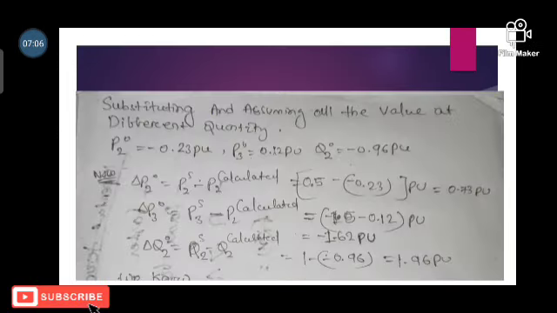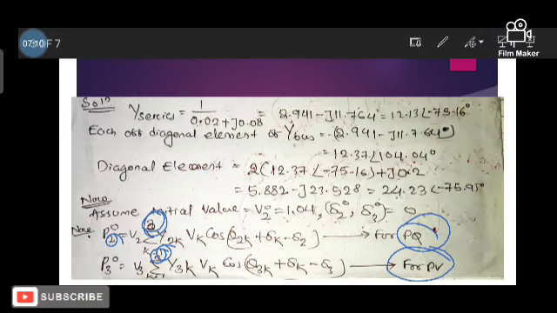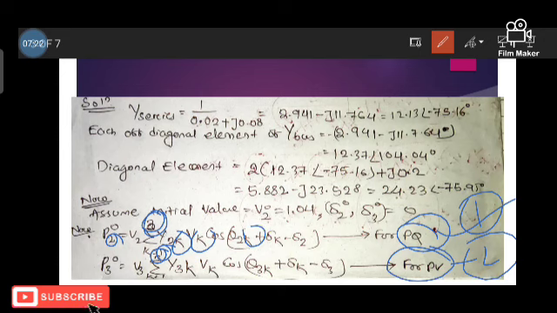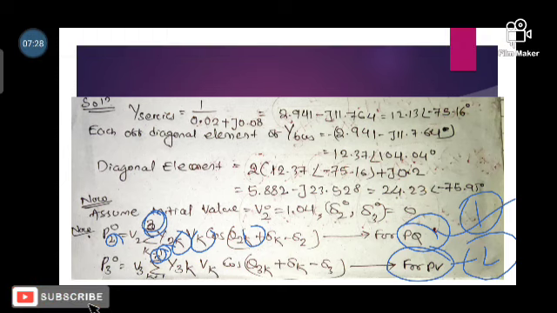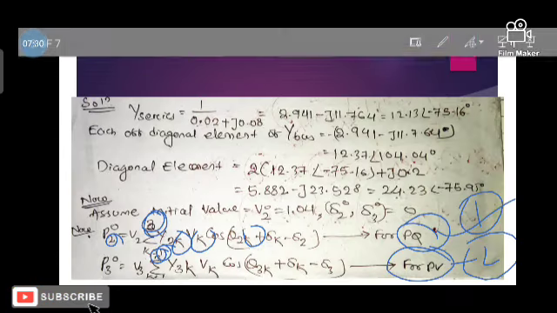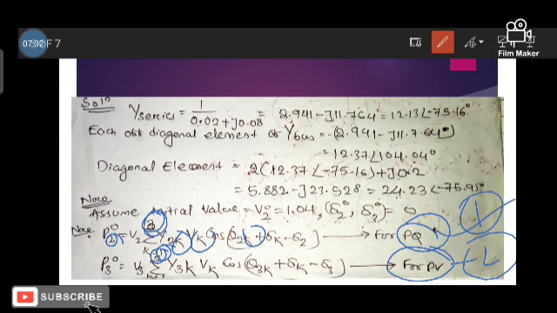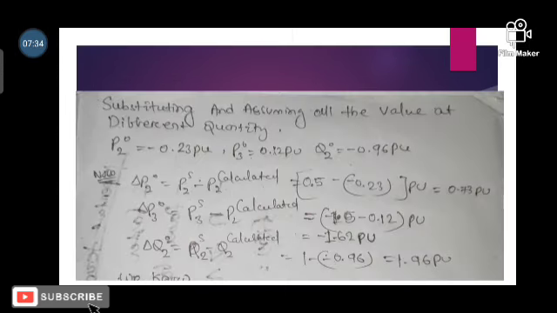Okay, so after expanding these two equations, equation number 1 and equation number 2, that means from k is 1 to 3, we are putting k here from 1 to 3 and expanding and putting all the values, that means the Y bus value and the voltage value.